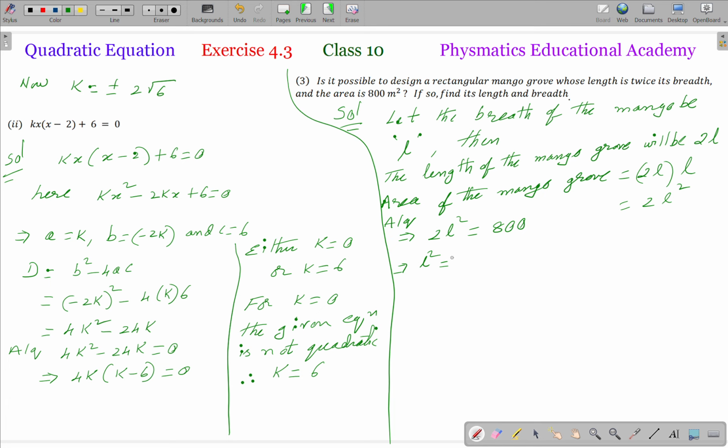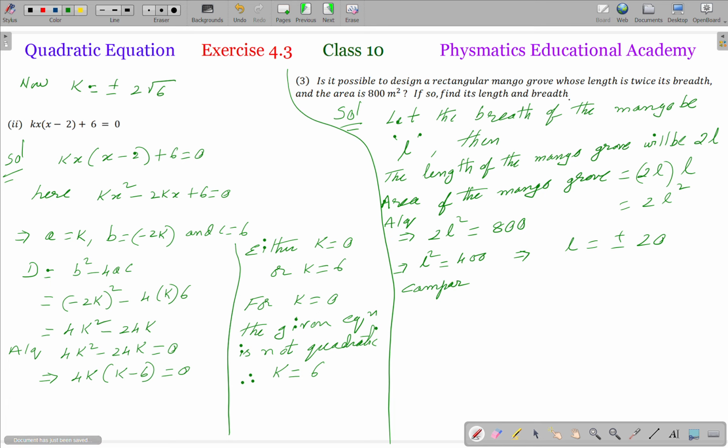L square is equal to 400. That implies L is equal to plus or minus 20.